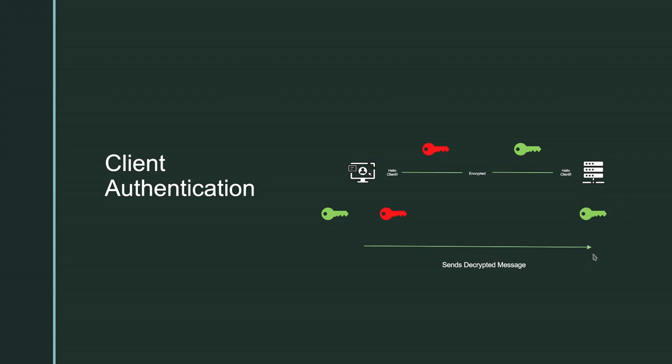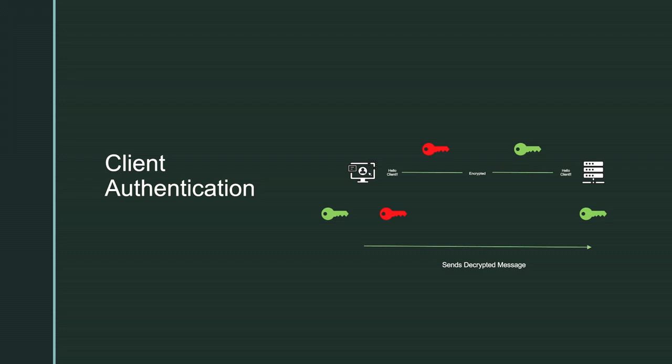This is used by the server in order to encrypt the message. Let's say the server is sending a message like "hello client"; it is going to encrypt that message using the public key of the user, and that encrypted message is sent along the channel.